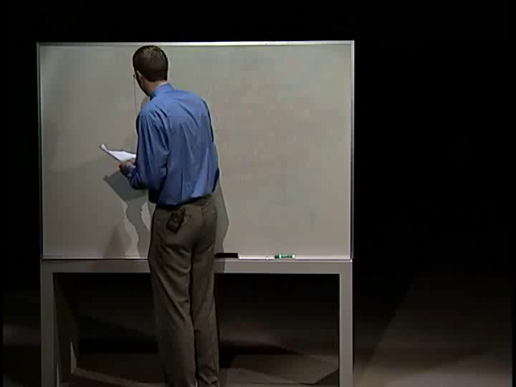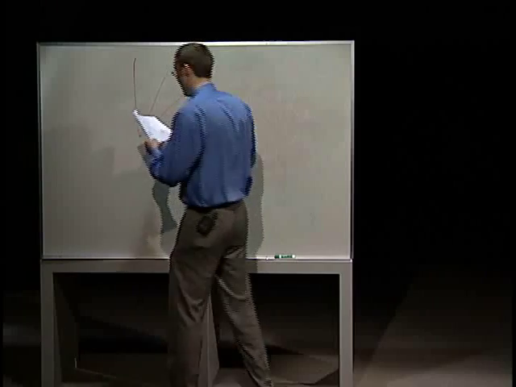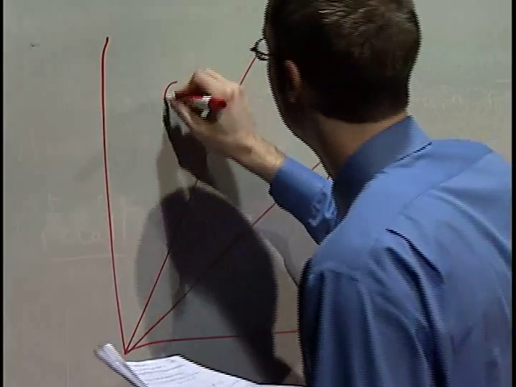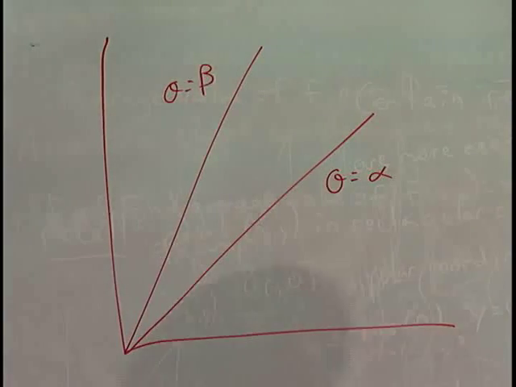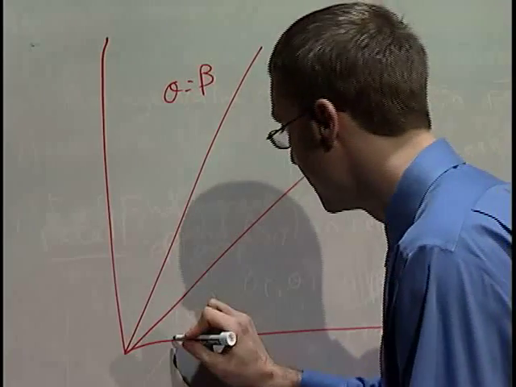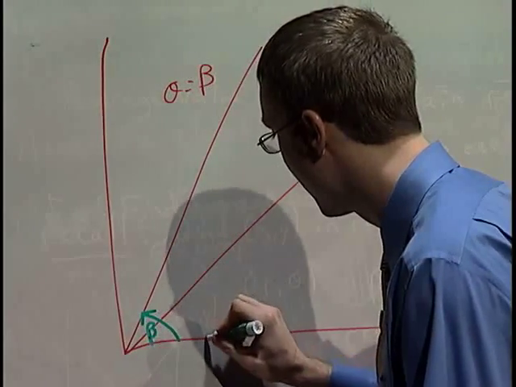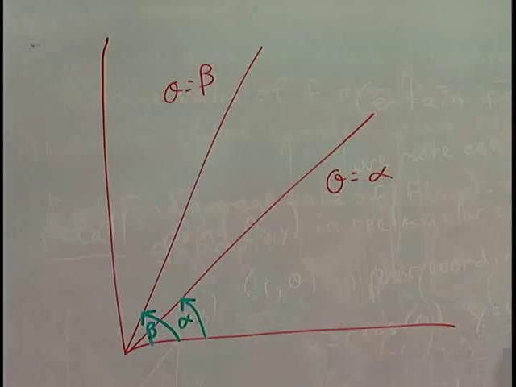So let's see here. We have two angles, say theta equals alpha, theta equals beta. So there's beta, there's alpha, so there's our two angles.